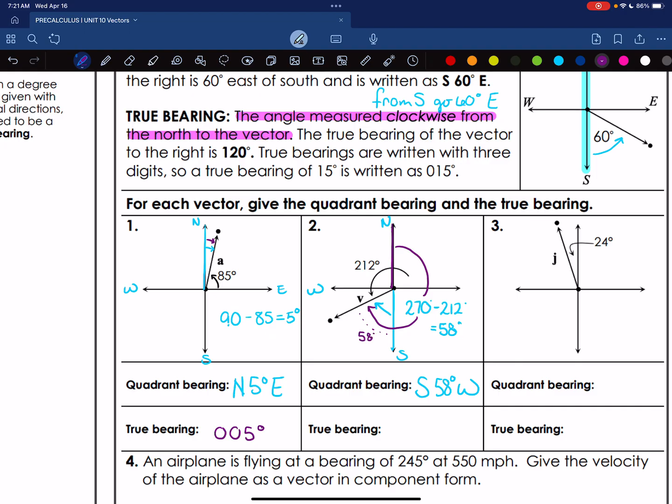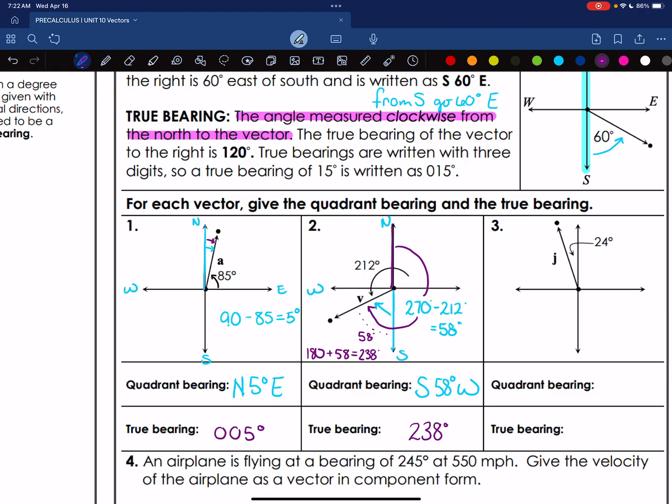We found that just above. So if I take 180 and add 58, that's going to give me 238 degrees. And that is 3 digits, so I don't need to add any zeros to start it off. Okay, now, third example, the quadrant bearing.